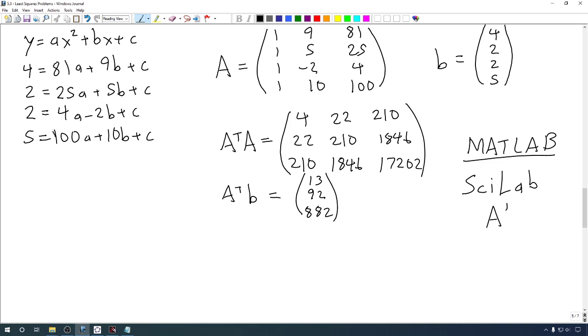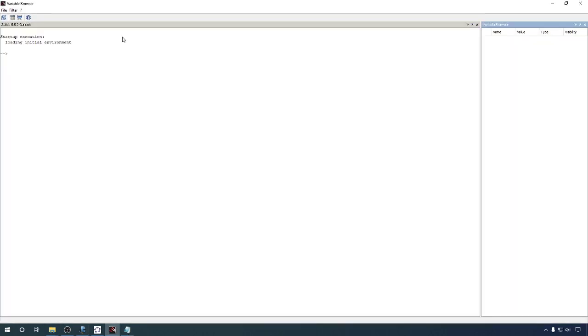So what do we have here? We're going to define our matrix A. I'm going to use the original matrix A, not the A transpose A. The first row is 1, 9, 81, and I'm going to separate this first row from the next one by putting a semicolon. The next row is 1, 5, 25.